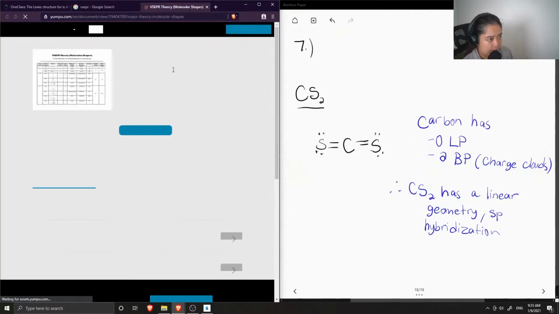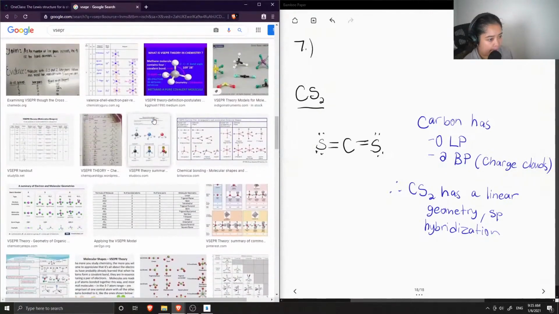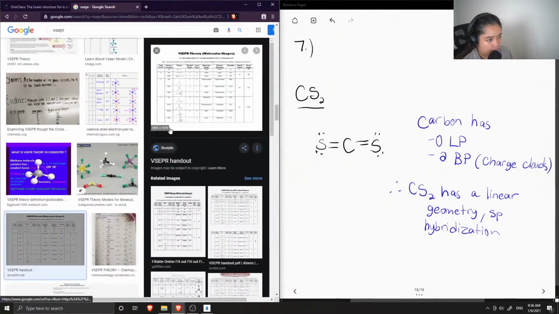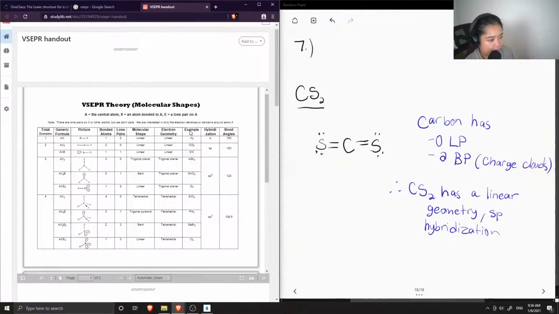It's a bit small, but this is one of the good tables that shows almost everything. They show the bond angles, and they also show what type of hybridization it is.